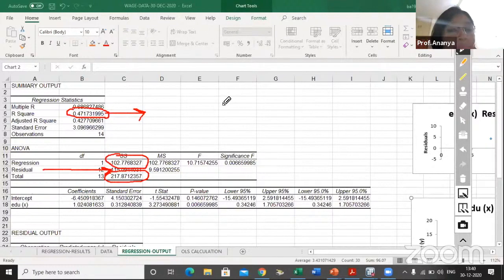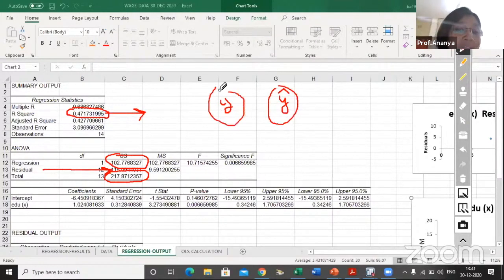What percentage of the variation in Y is explained by your model? That is, it is a ratio of the variance of Y hat to the variance of Y. So you can take any data set and check that if you divide this 102 by this 217, you're going to get the R squared. This is one verdict on your model, telling you how you have done.